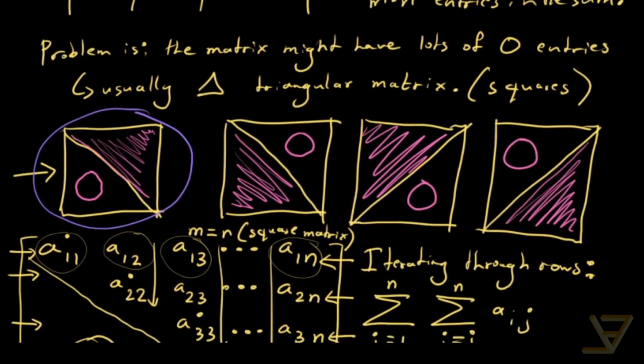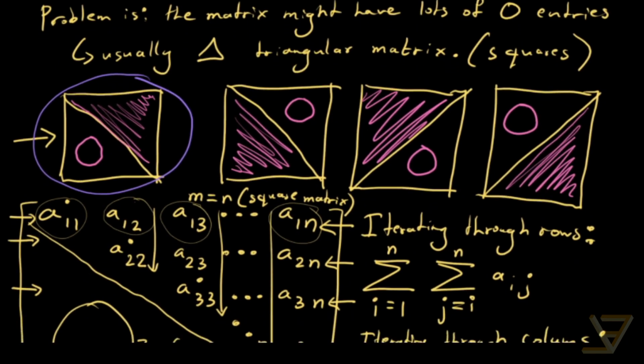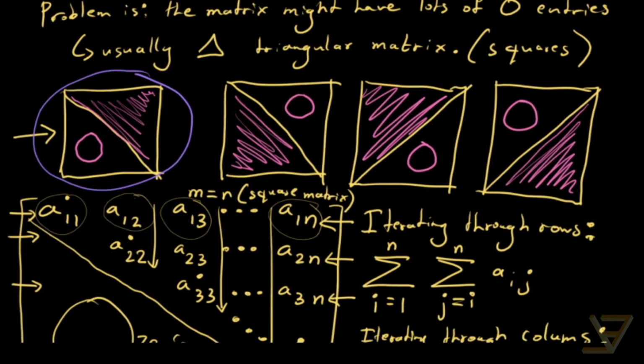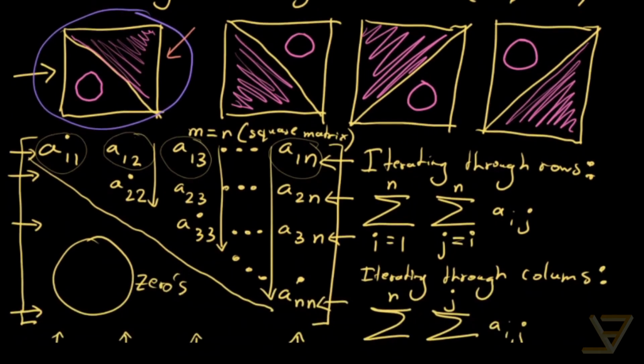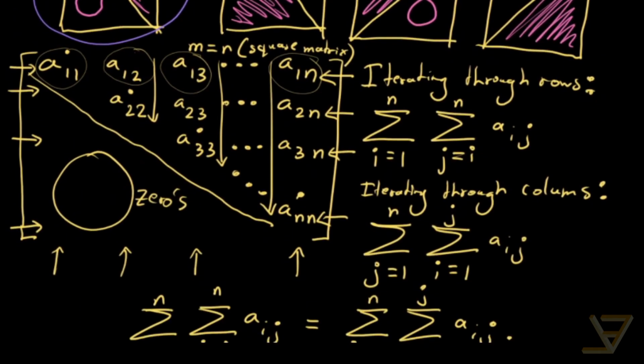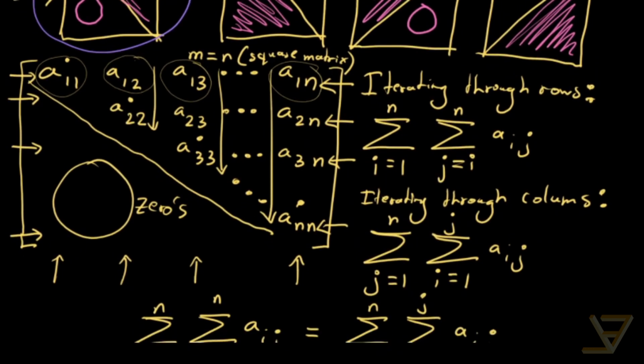Then we looked at an upper triangular matrix, an upper right triangular matrix, which was this one, and we showed what happens if we're ignoring what's on the bottom left.